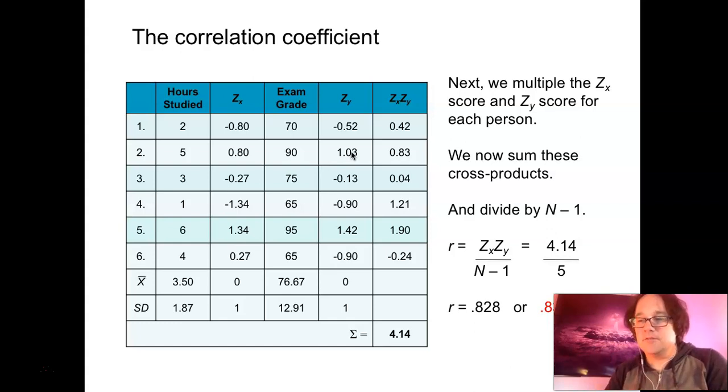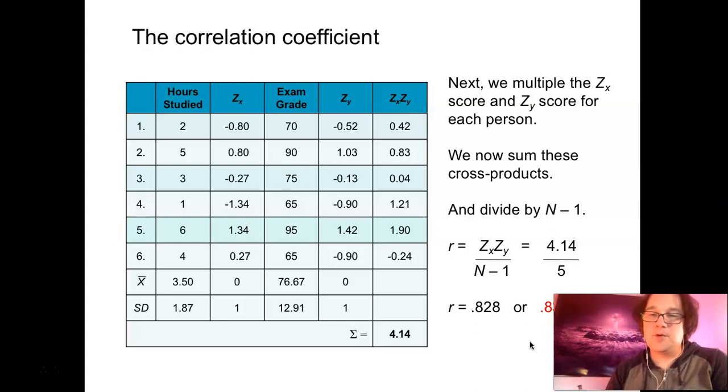So we just see here that I rounded this off. I'm cutting off the score here, but we have a correlation of 8.28, or let me write this down, 0.83, right?